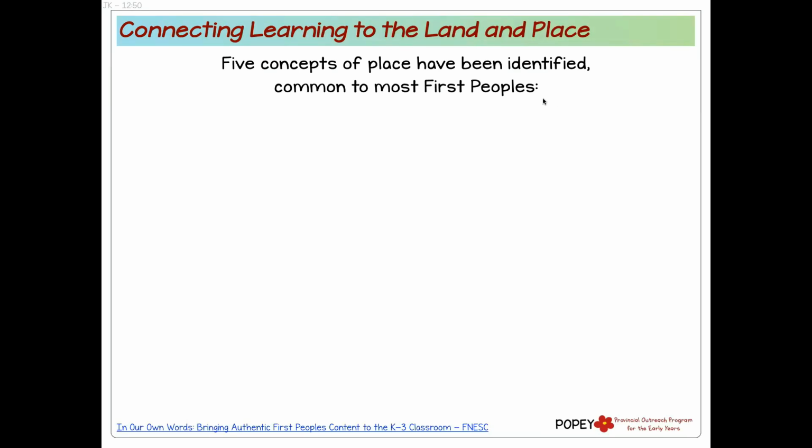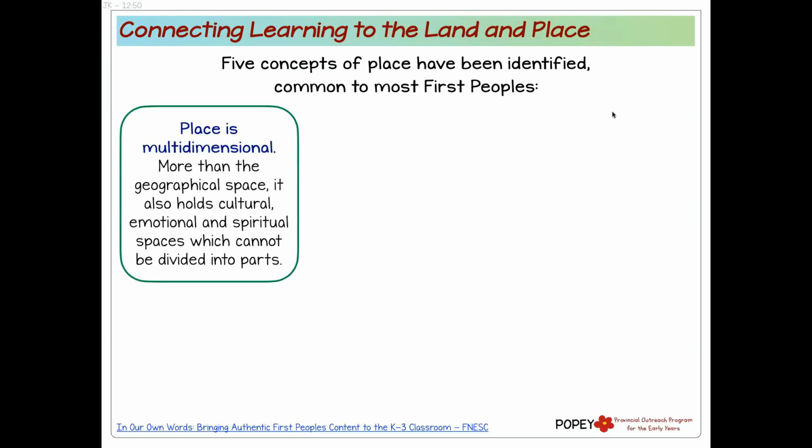Okay, so really a lot of you mentioned in the chat box just now about the connection to learning about land and place and that importance put on learning about the land that we are on. So let's take a look at the 5 concepts of place that have been identified as being really important.